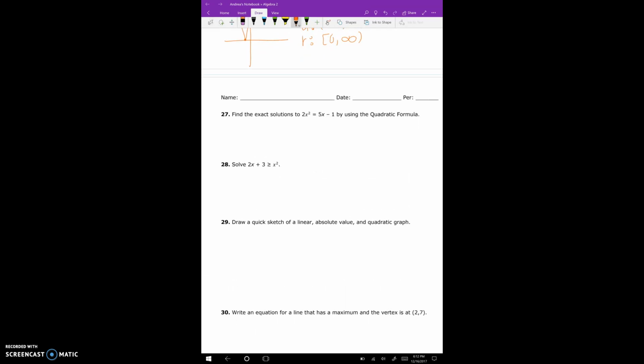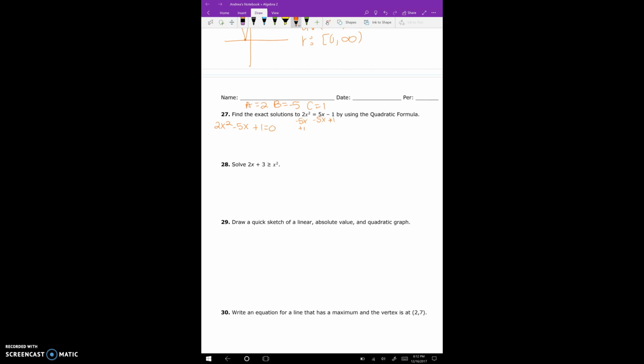So I'm going to arrange this a little bit differently. I'm going to subtract 5x and add 1. So I'm going to have 2x squared minus 5x plus 1 equals 0. Now I have a, b, and c. A is 2, b is -5, and c is 1.